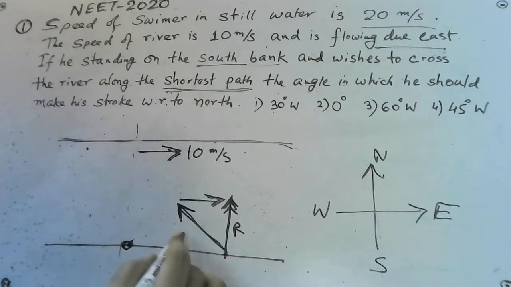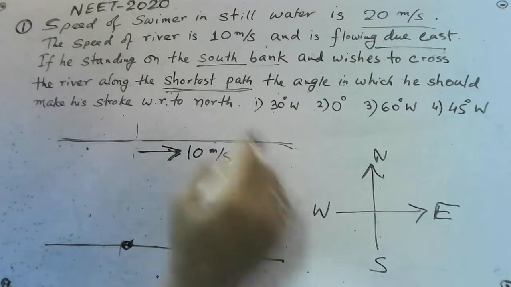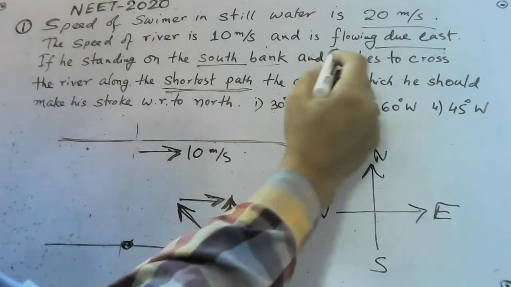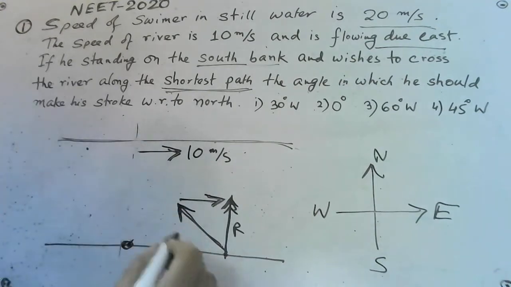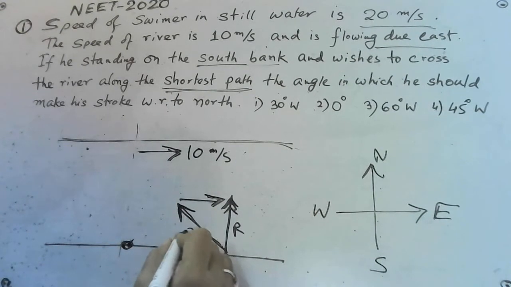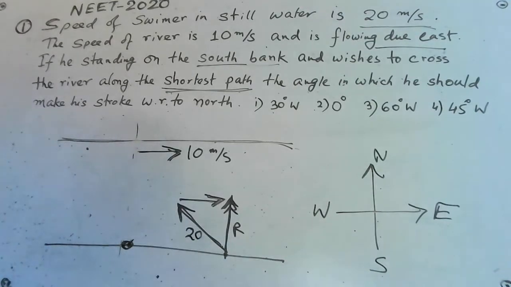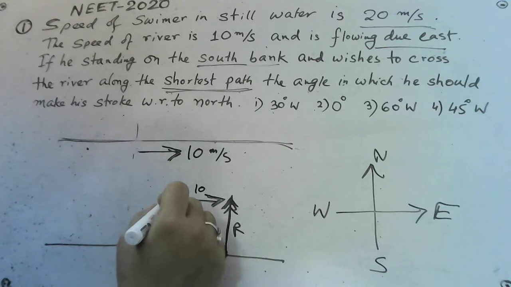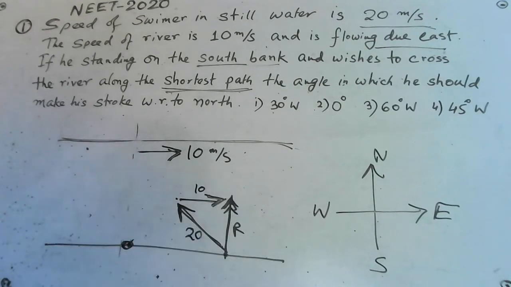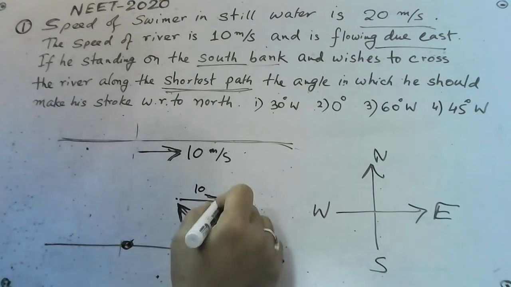In still water he can swim 20 meter per second. So this is the swimmer speed: 20 meter per second in this direction, and the 10 meter per second river will push him in this direction. Ultimately his resultant will be in this direction.